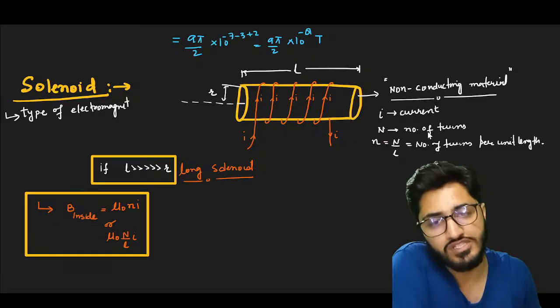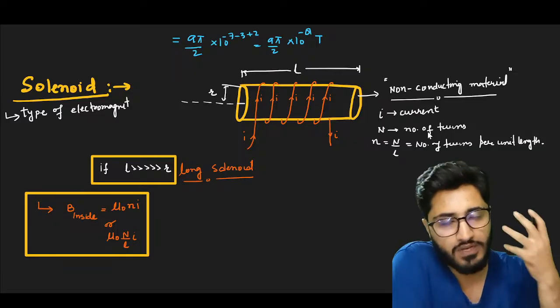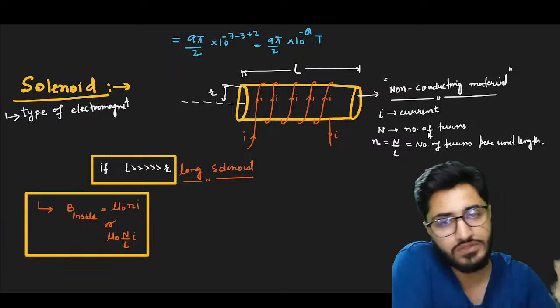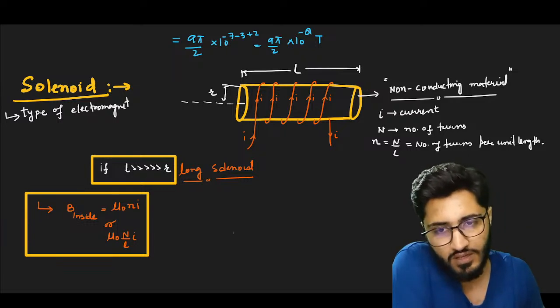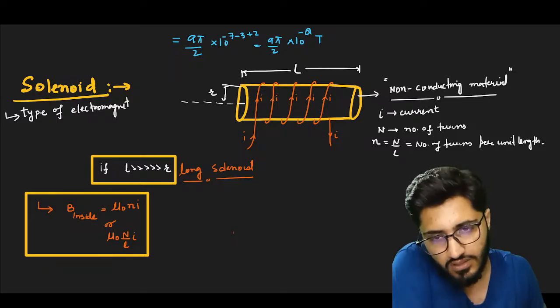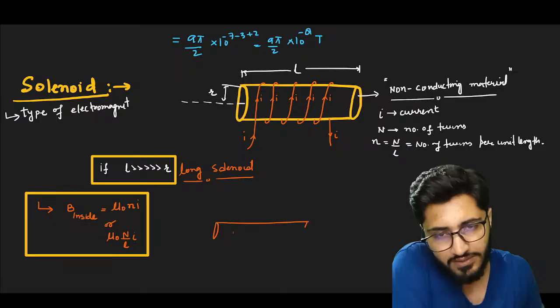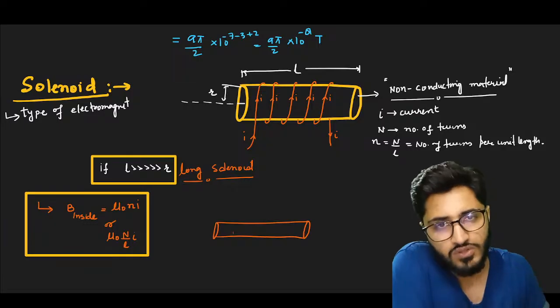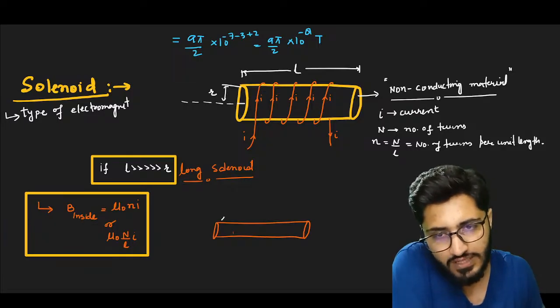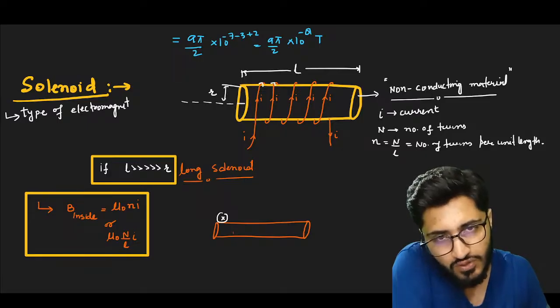Sir, what about the outside? If you get a question about the outside, I will just show you one slide. Look better. This cylindrical rod is very thin. So look here, my current is going inside, into the plane. Here it is coming out of the plane.